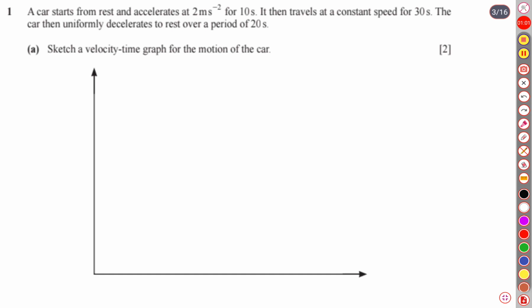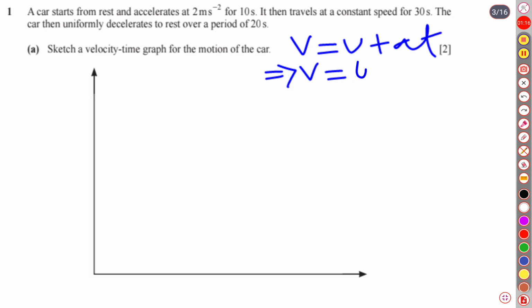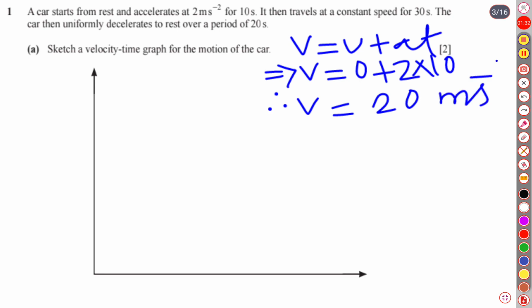We know the concept of velocity is equal to u plus a t, and our initial velocity is 0 because it started from rest, whereas the acceleration is given 2 meter per second square and it continued till 10 seconds. So what is our v? Final velocity is 20 meter per second. So let's start sketching.